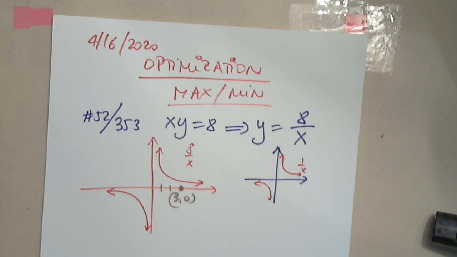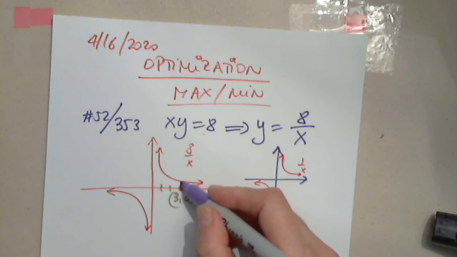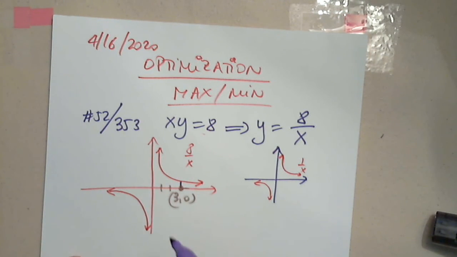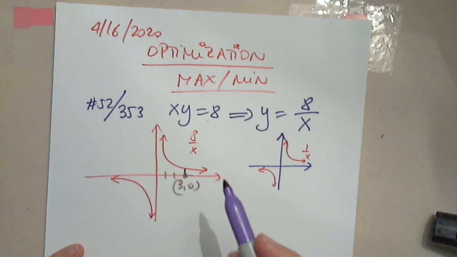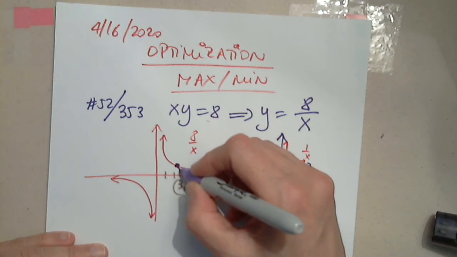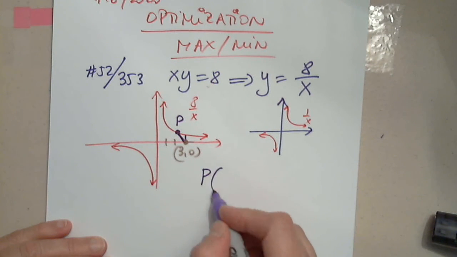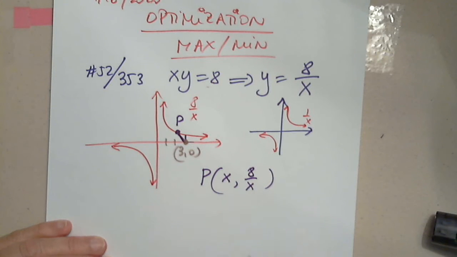Find the point on the hyperbola that is the closest to the point (3, 0). I'm going to say, let's say it's this point. This point, let's call it P. Obviously, it has to have coordinates x, comma, 8 over x. If x is x, the y value must be 8 over x.